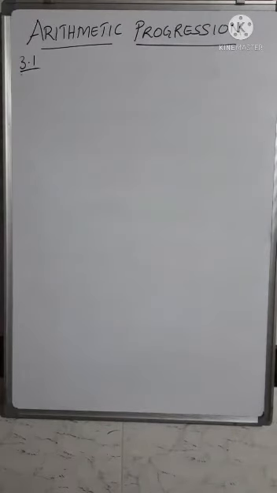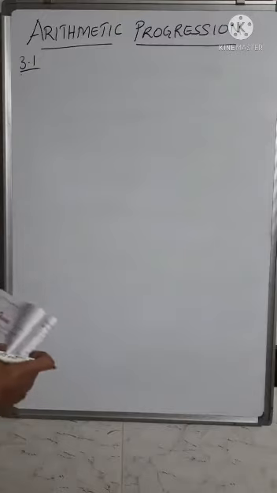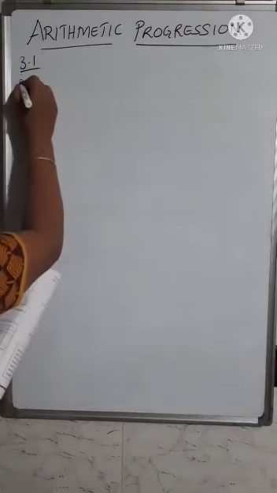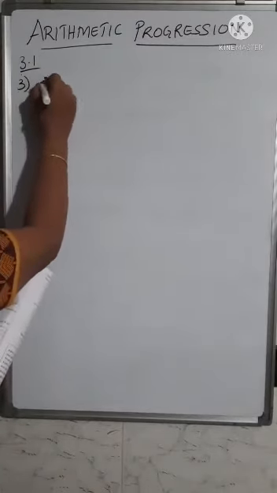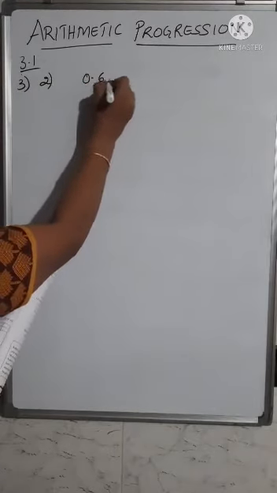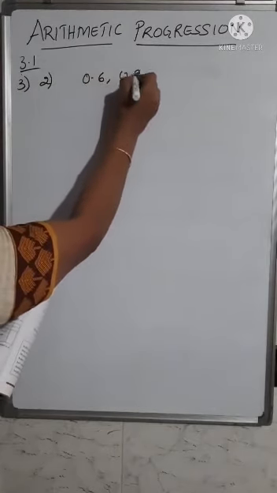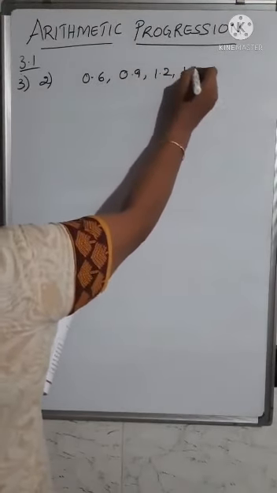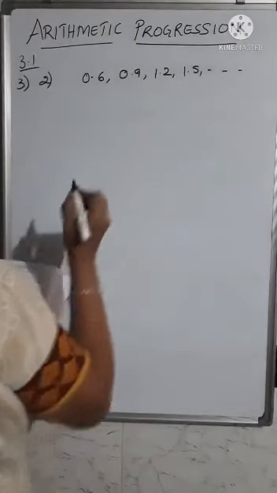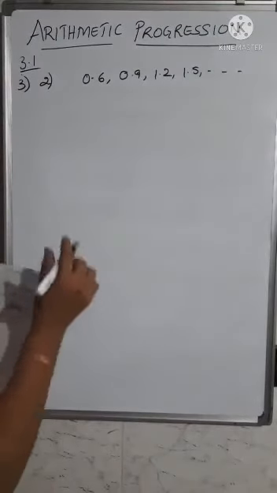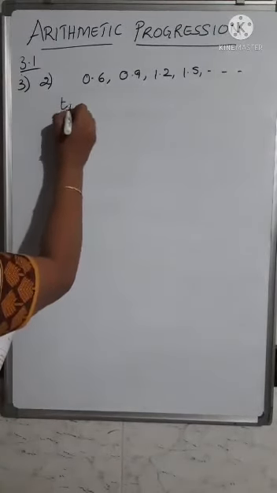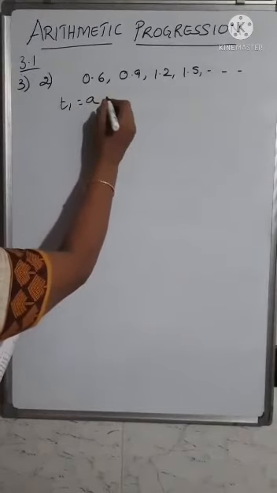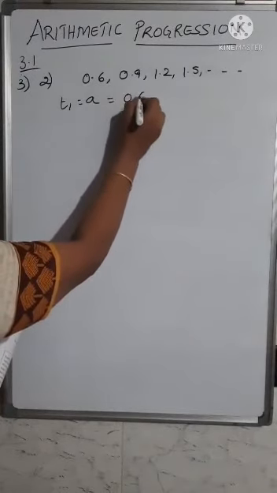The third one: find the first term and common difference for each of the given AP. The second one, 0.6, 0.9, 1.2, 1.5. This is the given AP. You have to find the first term and the common difference. The first term T1, or you can also write it as A, is equal to 0.6.